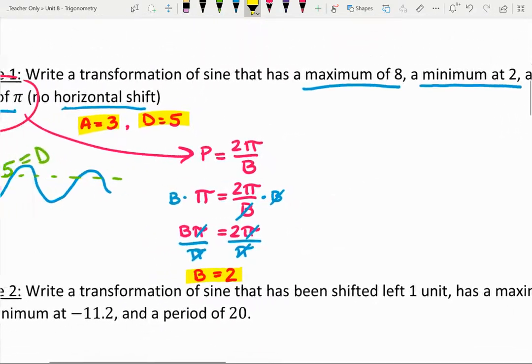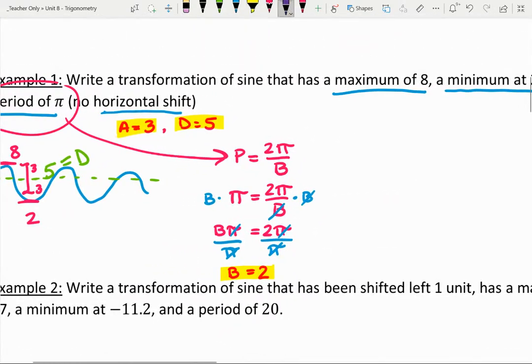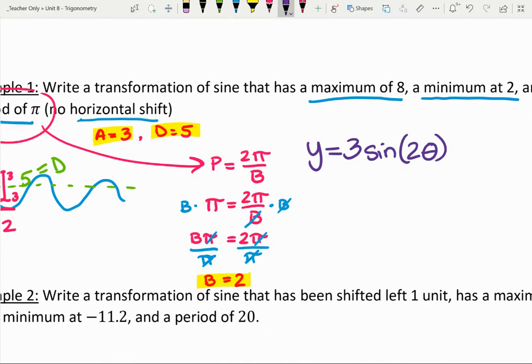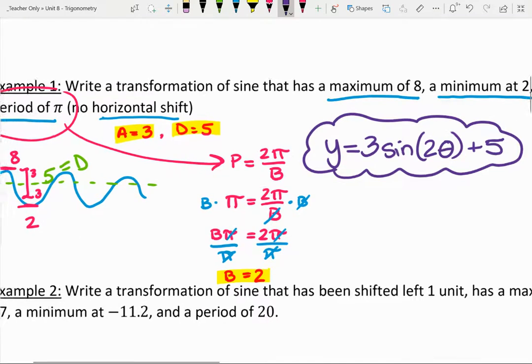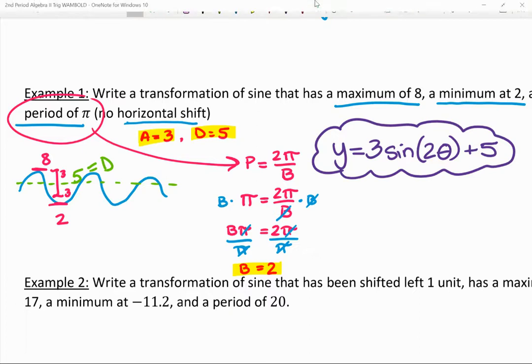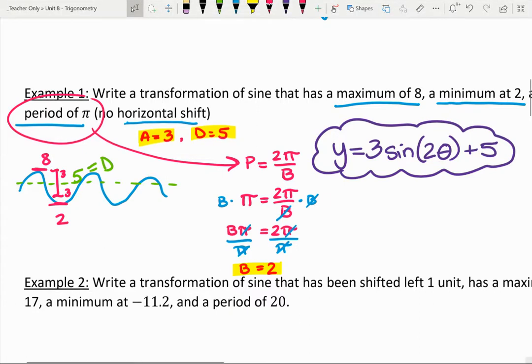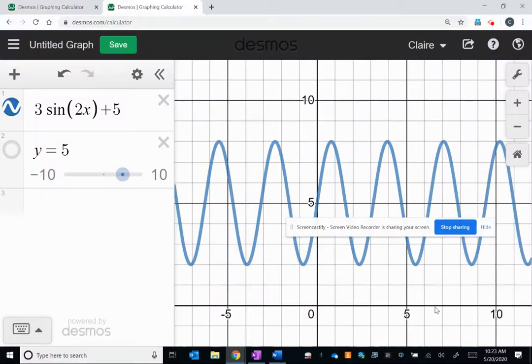So I'm going to write my equation as y equals 3 sine of 2 theta, or 2x, depending on your variable preference, plus 5. Now, the cool thing about writing an equation here based on these features is that I can always check it using a graph, using a tool like Desmos.